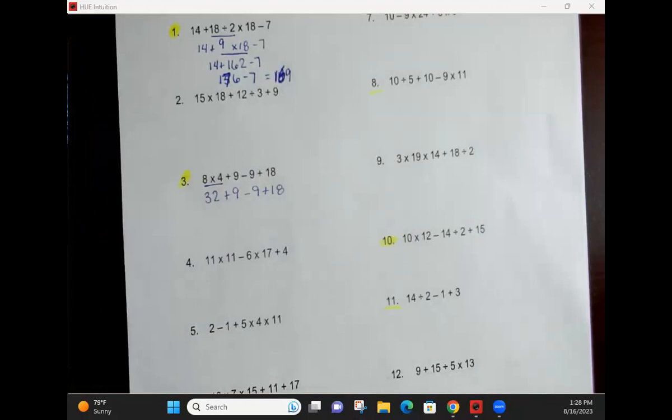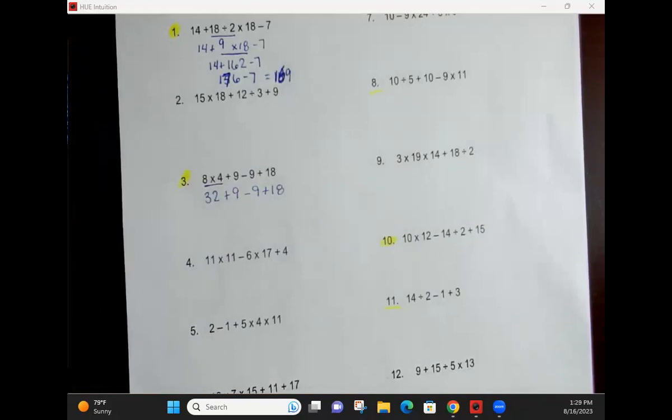So could I just add 9 and then subtract 9? Is it okay to say, hey, that's a net change of 0? As long as I've taken care of my multiplication and division, if I've got nothing else that's more important, that'll be okay. Now technically what I should do is my operations in order as they are written on my paper.